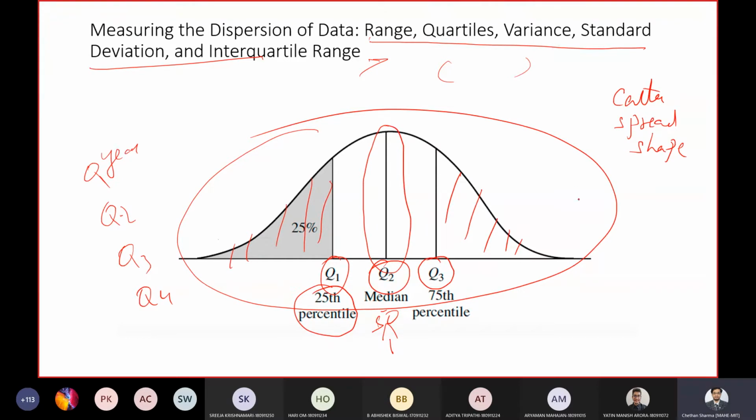There is something called, if you can see here, the interquartile range. The interquartile range is denoted by IQR. It is the distance between the first and the third quartile. So IQR is calculated by Q3 minus Q1.